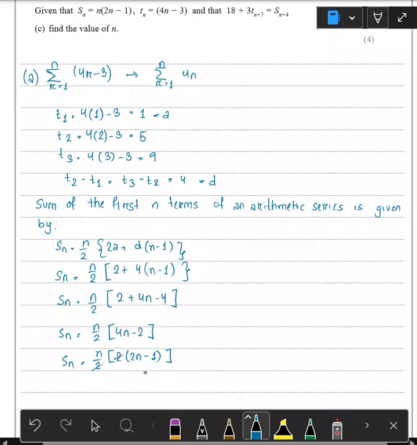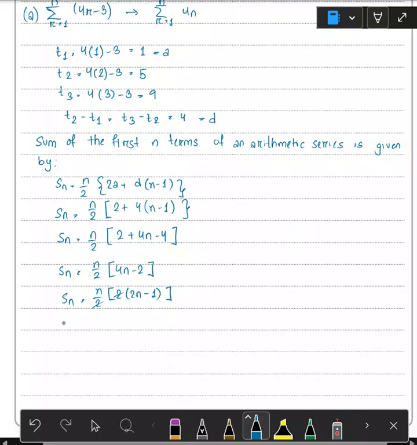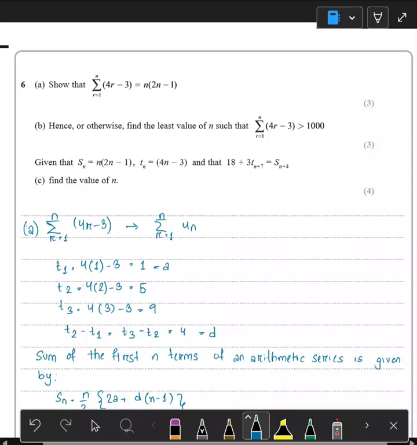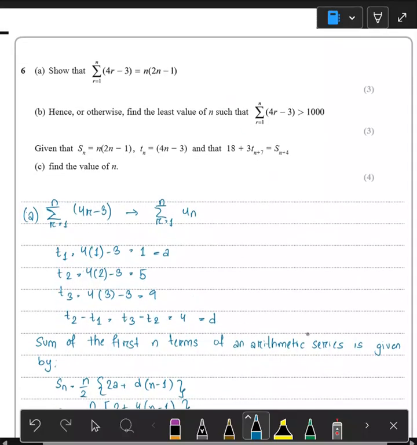So this 2 cancels each other out, and now we are left with Sn to be n multiplied by 2n minus 1. Okay? So this is Sn, and this is what they have asked us to show as well for the first part of the question.